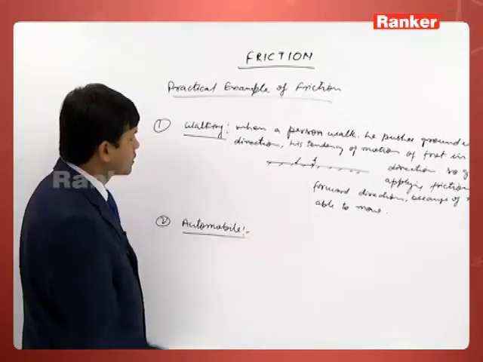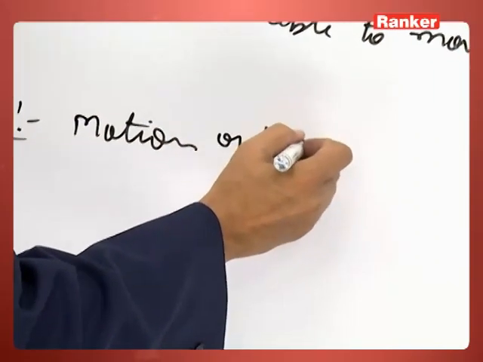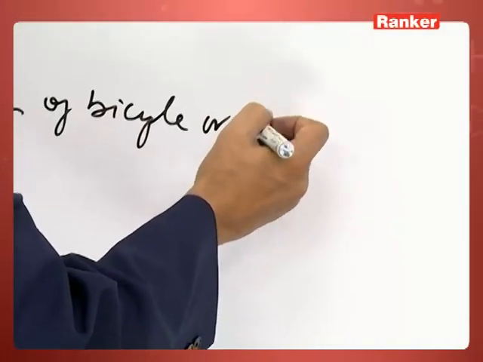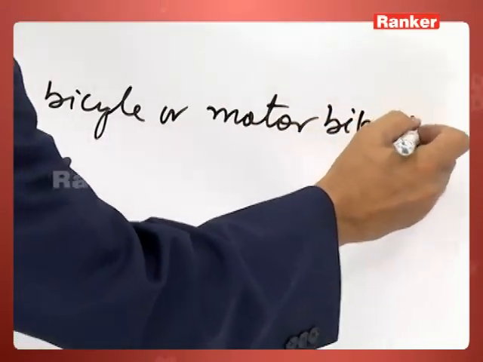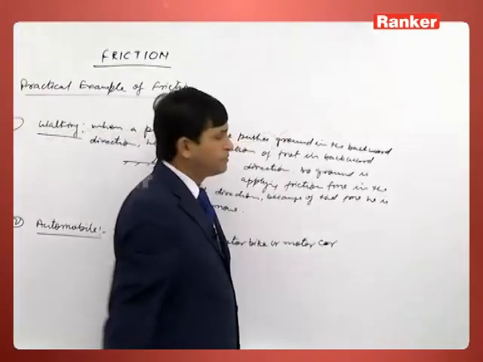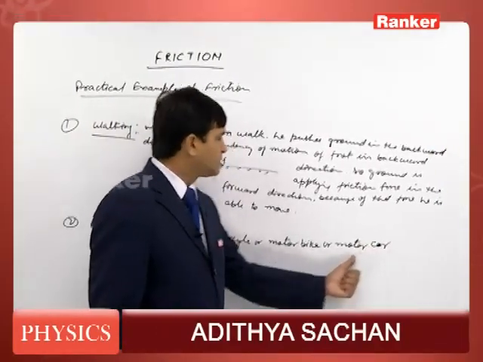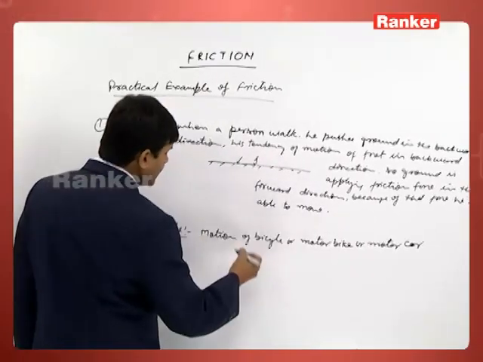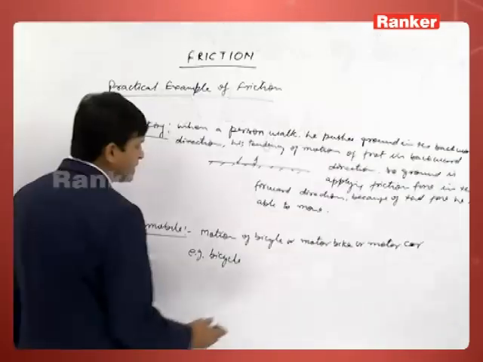Automobile means the motion of a bicycle, motorbike or motor car. All are because of friction. If friction is not there, the wheel is unable to move. For example, consider the case of a bicycle.